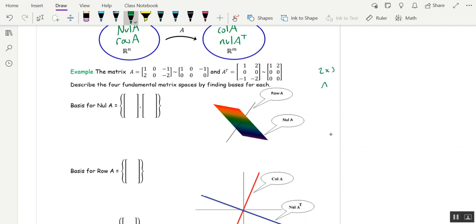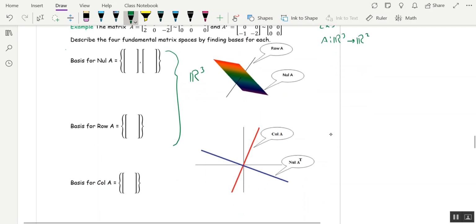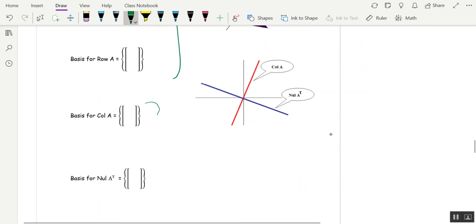So A maps R3 to R2. So null A and row A live in R3. And then col A and null A transpose, these guys live in R2.